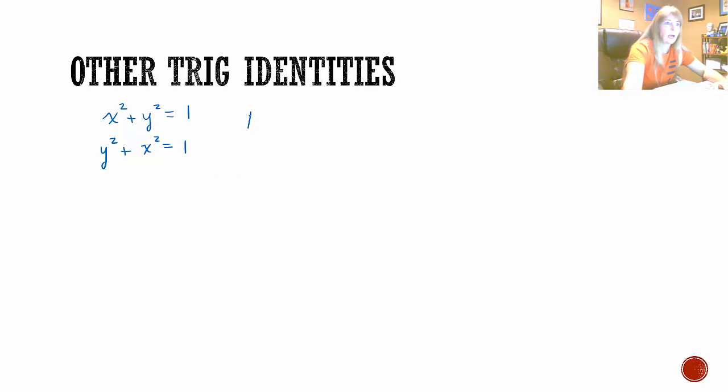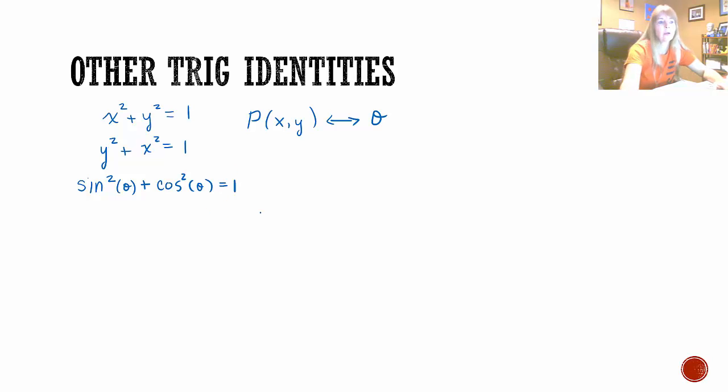Well, if I have a point on the unit circle that corresponds to some angle theta, then I can say y is sine, so of course sine squared, and x is cosine, so cosine squared, equals 1. This is a very, very important identity. Sine squared plus cosine squared equals 1, based off of being a point on the unit circle.